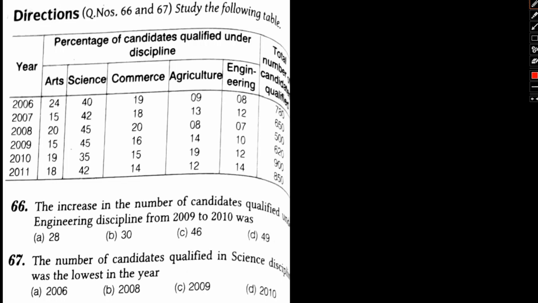So we'll start off with number 66 first. We have 2009 and we'll go to 2010 and we'll be focusing on engineering. In 2009 engineering constituted 10% of 620.